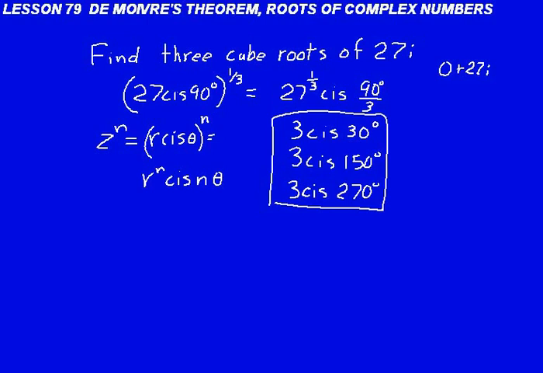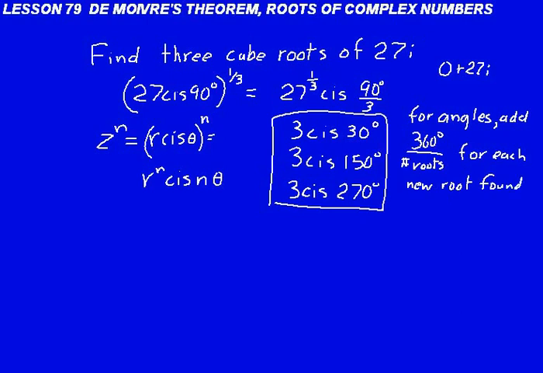And then for your angles, just think about this. For angles, add 360 degrees over the number of roots for each new root found.